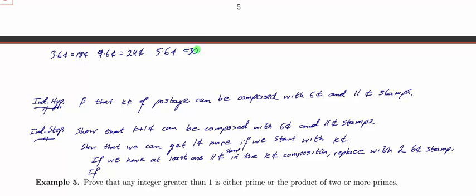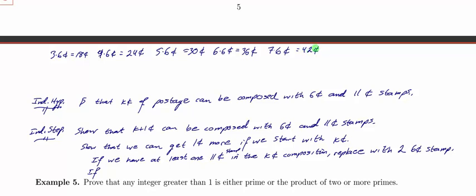So 5 6-cent stamps, that's 30 cents. Well, that's 3 less than 33, so that's not what I want. 6 6-cent stamps gives me 36. Next highest multiple of 11 is 44, so I don't want that. 7 of those would give us 42 cents.